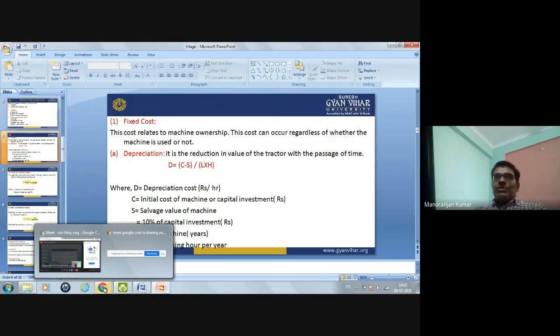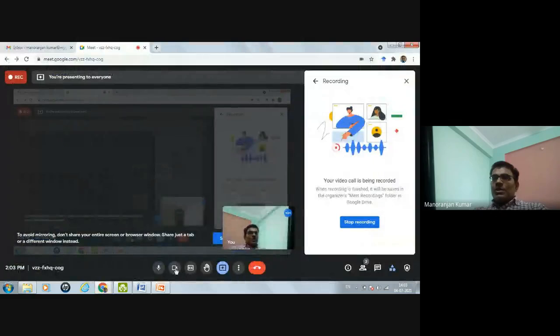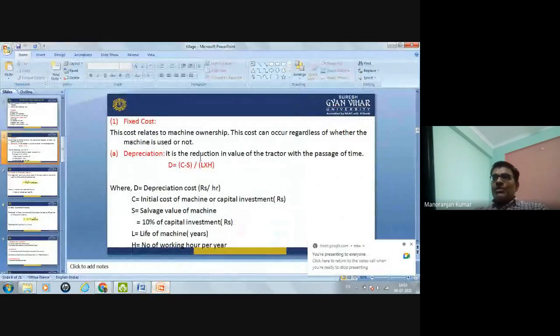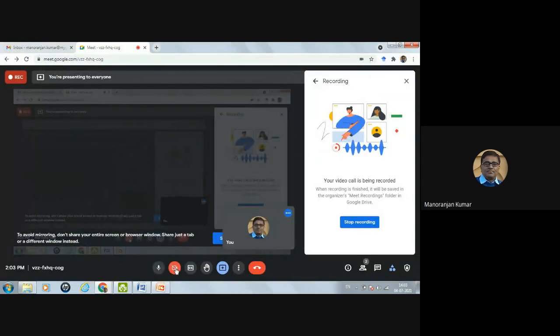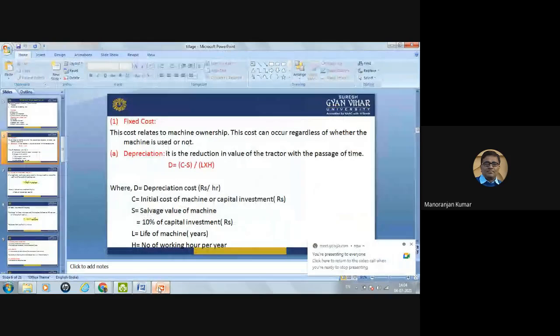You can calculate this depreciation cost by using this formula: D = (C - S) / (L × H), where D is the depreciation cost in rupees per hour, and C is the initial cost of the machine or capital investment.